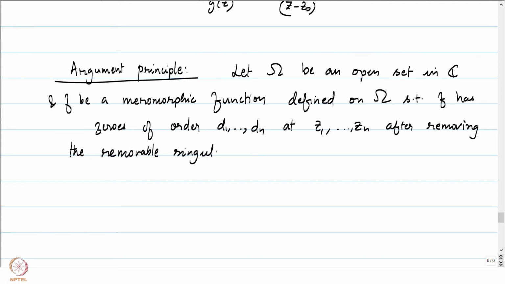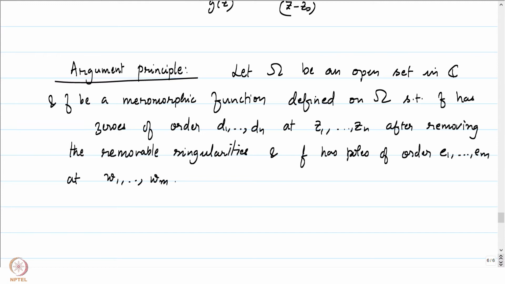So there are only finitely many zeros with orders d1, d2 up to dn here, and f has poles of order e1 to em, let's say, at points w1 to wm. So the setup is quite straightforward.